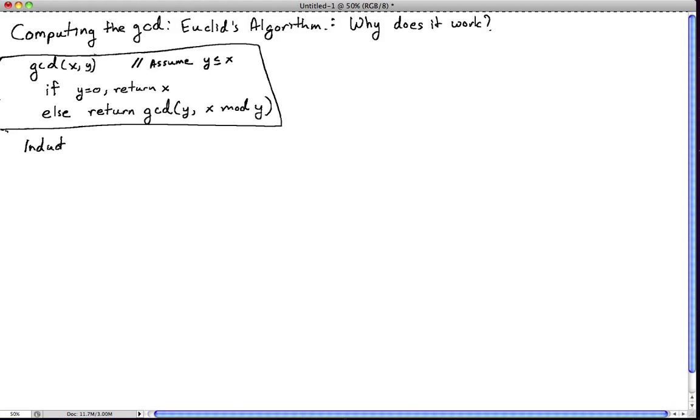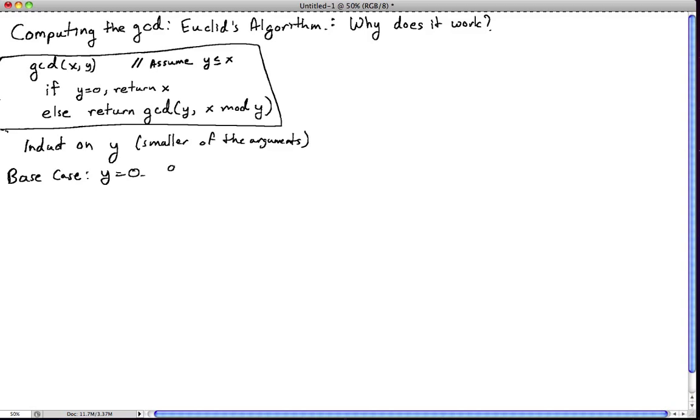So to do the induction, we're going to induct on y, which is the smaller of the arguments. Okay, so we're going to induct on this. So what's the base case? Well, the base case is y equals 0. What we want to check is that this algorithm actually returns the correct GCD.